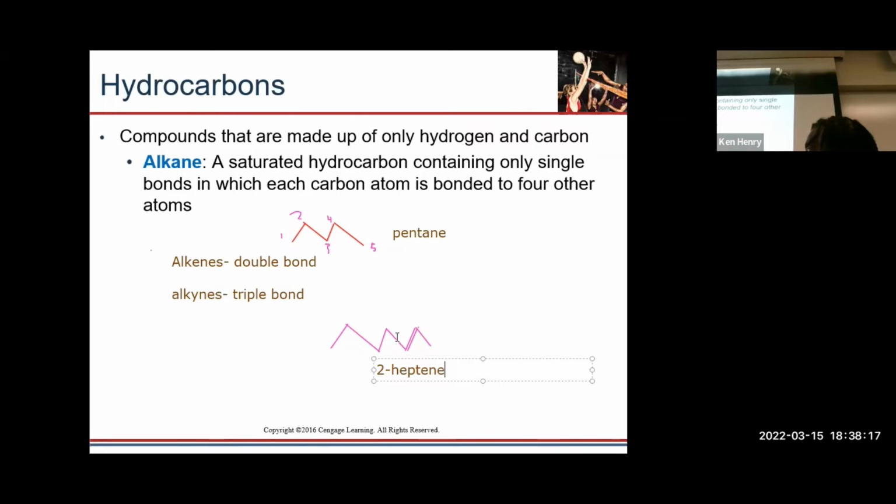Since it's a double bond, it's going to end with ene. And we want to give the substituent or the structure the lowest number possible. So we want to count from the side that's going to give it the lowest number possible.